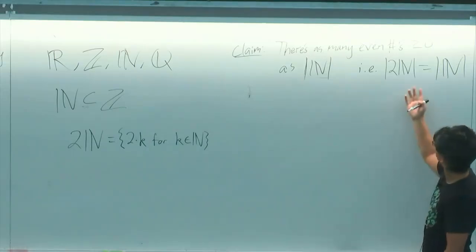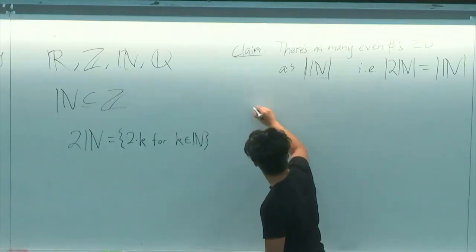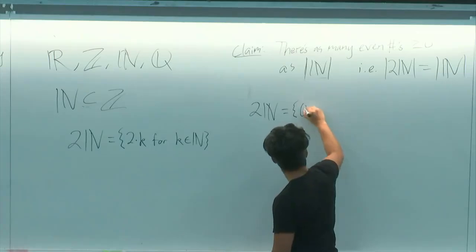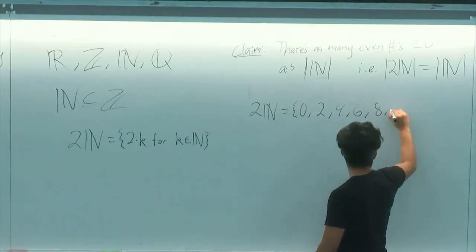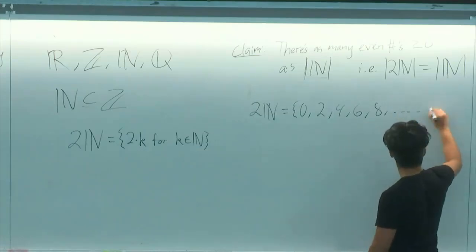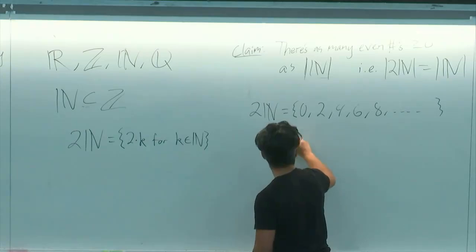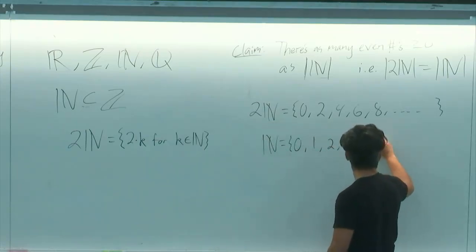So this is kind of a weird statement. Let's see how weird it is, because here's what 2n is. It's going to be 0, 2, 4, 6, 8, and so on. While n, the natural numbers that we all know and love, is just 0, 1, 2, 3, 4, and so on.